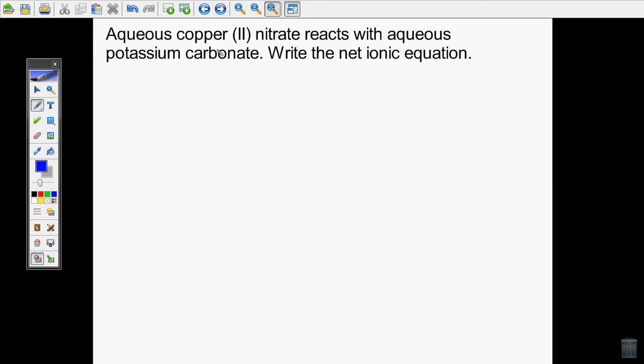Okay. Aqueous copper 2 nitrate. So copper 2 nitrate, and it says it's aqueous, so it's soluble. Reacts with, so plus aqueous potassium carbonate, K2CO3. Now it's always double displacement.